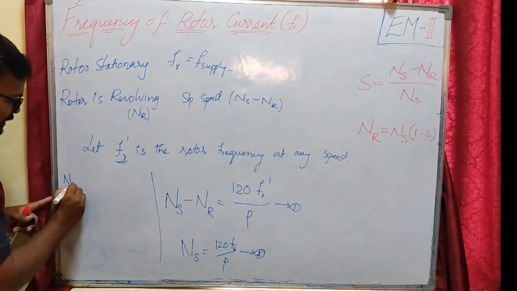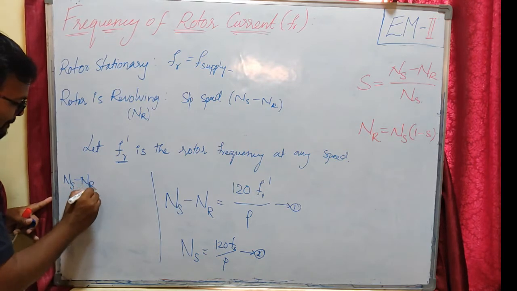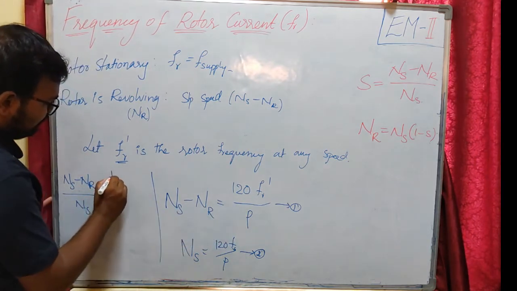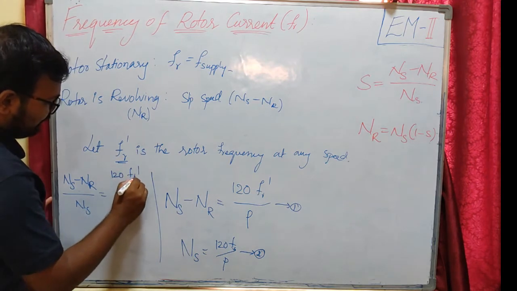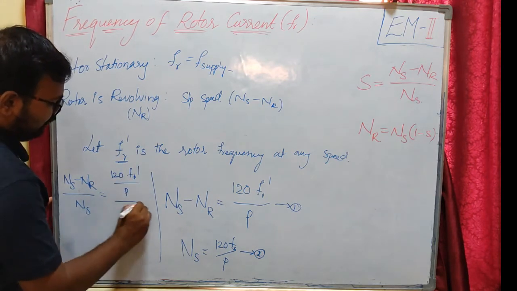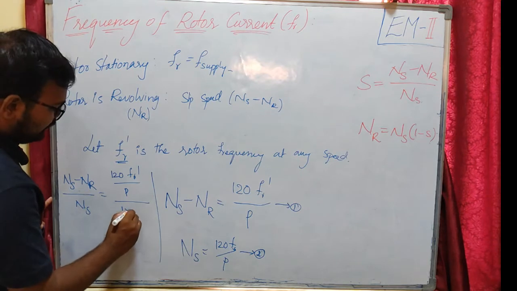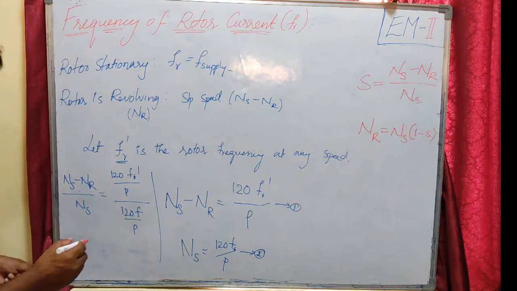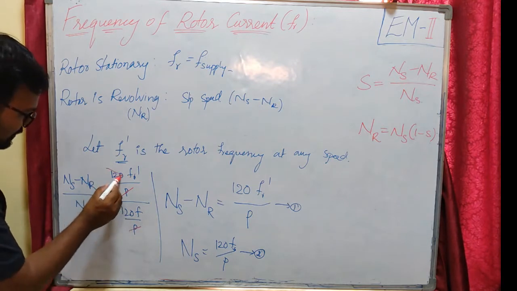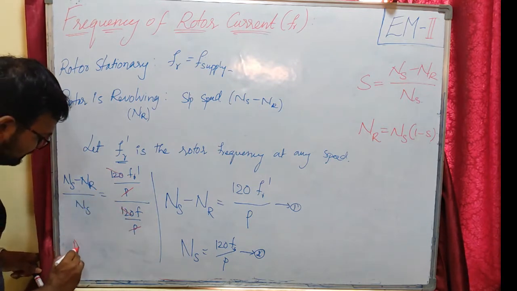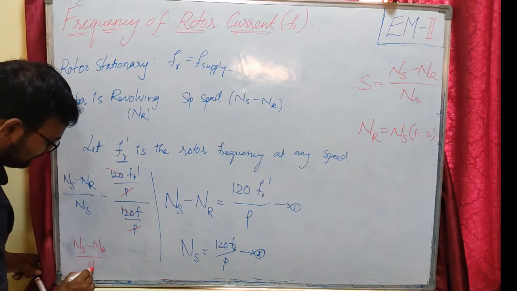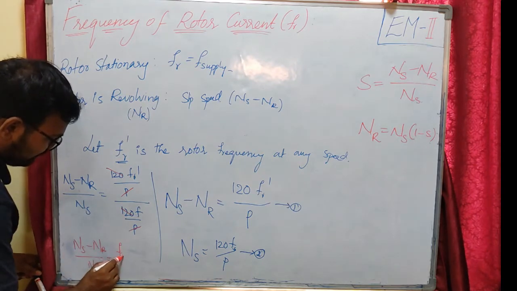That means (ns minus nr) by ns equal to (120 Fr dash by P) whole by (120 F by P). If I cancel out, the expression will be (ns minus nr) by ns equal to Fr dash by supply frequency.